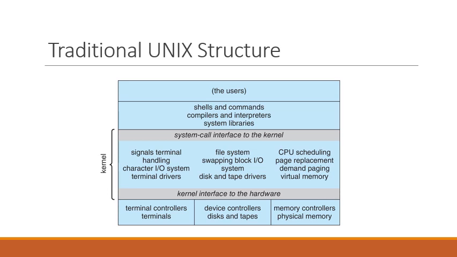Moreover, there is no security between the various kernel services. Any kernel service can access any other kernel service. Like the file system can access CPU scheduling, or it can access page replacement, or virtual memory, or the file system may access the character I/O system.